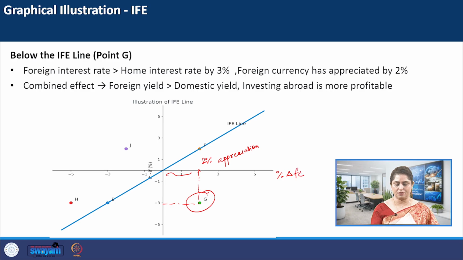Let me write it FC, and this is IH minus IF. Now at this G, the foreign interest rate is greater than the domestic interest rate.